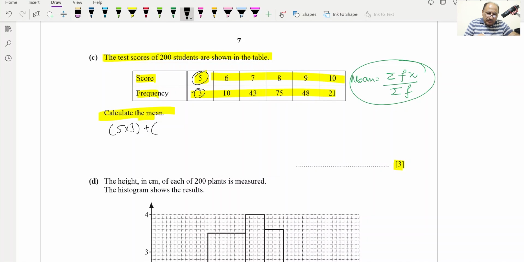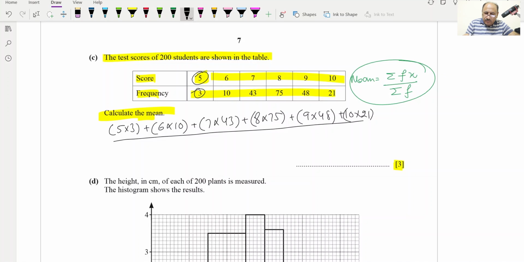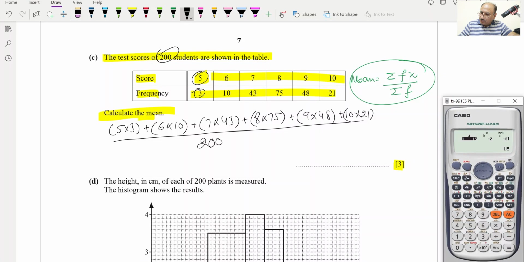So 5 into 3 plus 6 multiplied by 10 plus 7 multiplied by 43 plus 8 multiplied by 75 plus 9 multiplied by 48 plus 10 multiplied by 21, in brackets, and divided by the total number, which is given as 200. Now we can simplify by using the calculator.